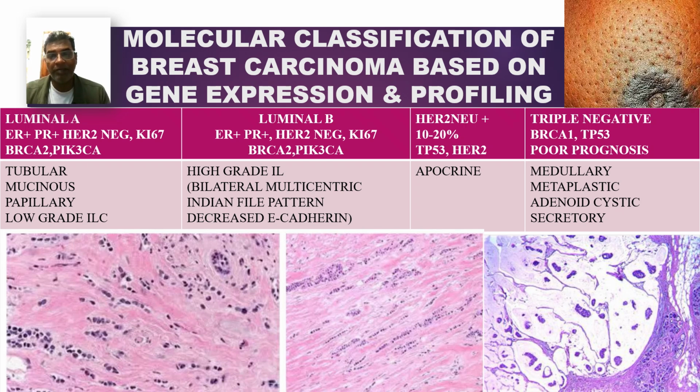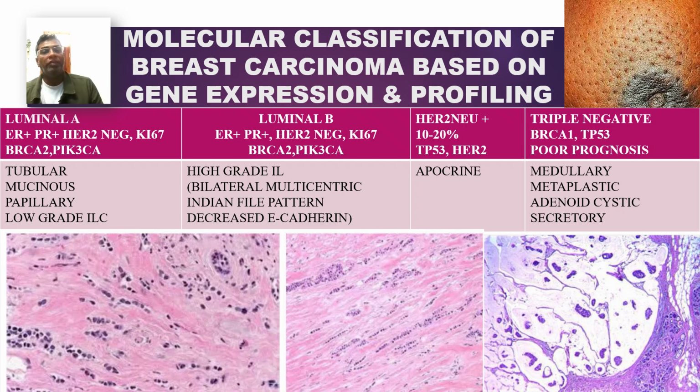The histological type that comes under HER2 positive will be apocrine carcinomas. Coming to triple negative breast cancers, BRCA1 and TP53 gene mutations are involved, and these triple negative breast carcinomas will have a poor prognosis. The histological types under triple negative breast carcinomas are medullary, metaplastic, adenoid cystic, and secretory.